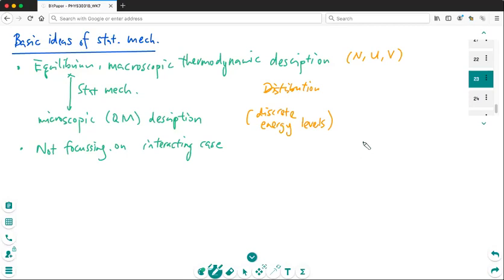And I can do a simple multiplication to work out the total internal energy. Okay, that is why we are only going to focus on the non-interacting case. And we are not going to be discussing different ensembles.